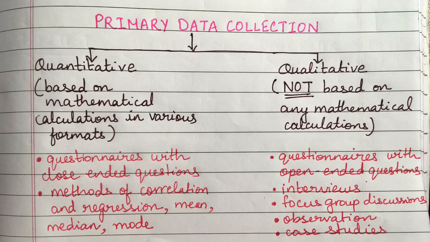Now, your choice between quantitative or qualitative method of data collection will depend on the area of your research and the nature of research aims and objectives. So it will entirely depend on the topic you have chosen, first of all. Then it will depend on what your objectives and aims are.